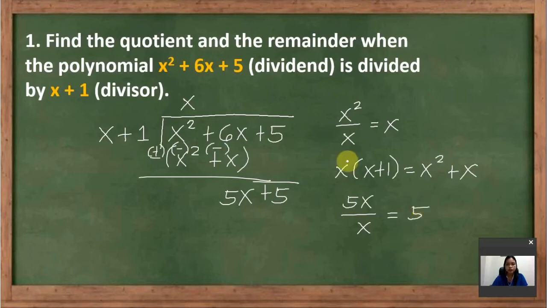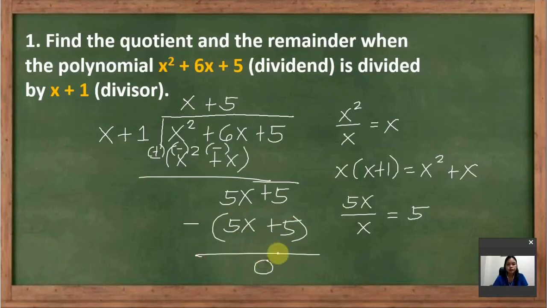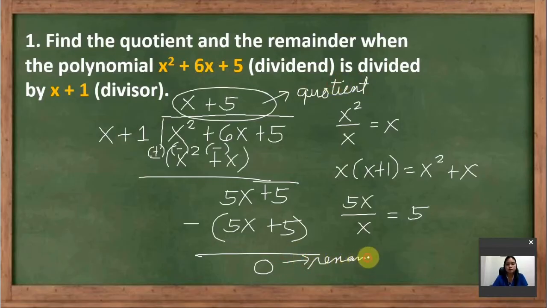So this is 5. So you will write here 5. Then multiply again 5 by the divisor. So this becomes 5x plus 5. Then we have 0. So therefore, this is the quotient and 0 is the remainder.